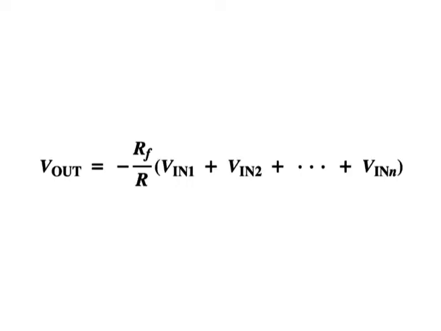You obtain the average of several numbers by first adding the numbers and then dividing by the quantity of numbers you have. Examination of the summing amplifier equation with gain greater than unity and a little thought will convince you that a summing amplifier can be designed to do this.